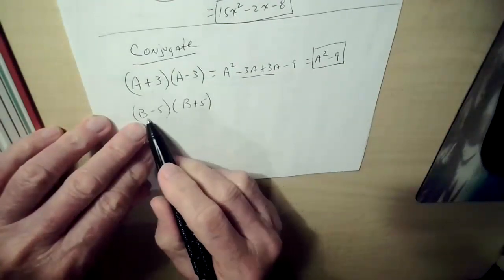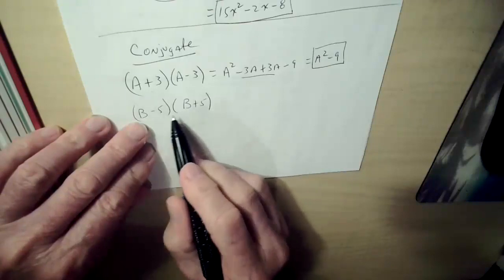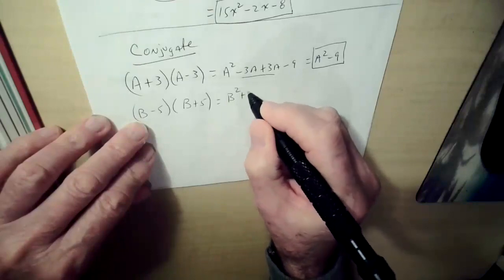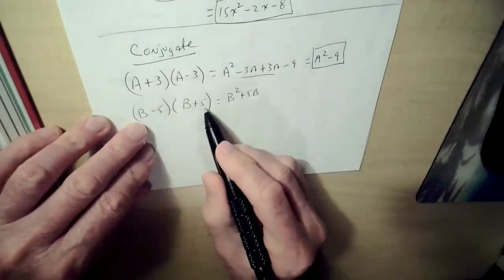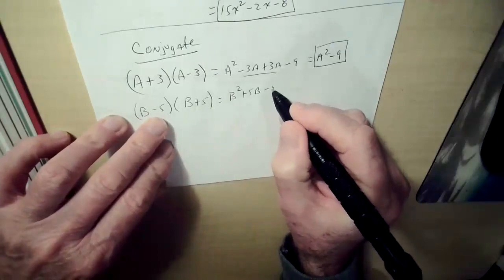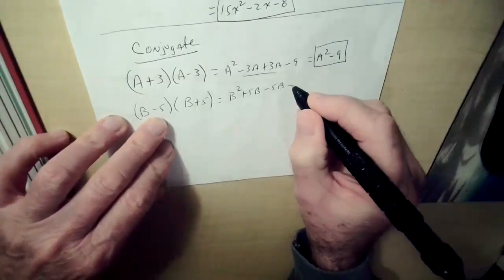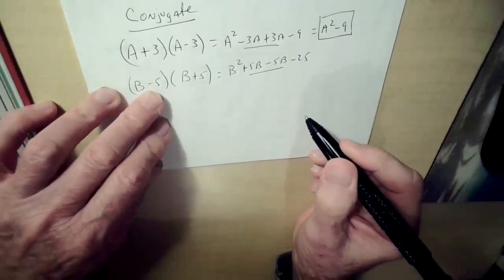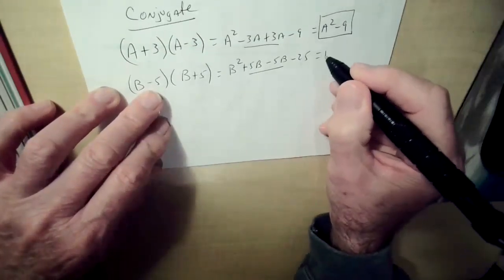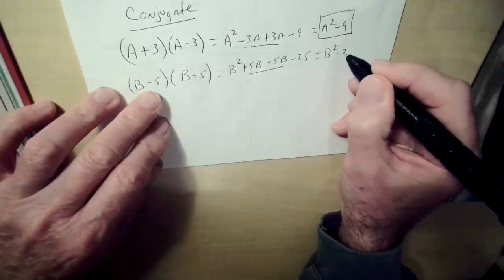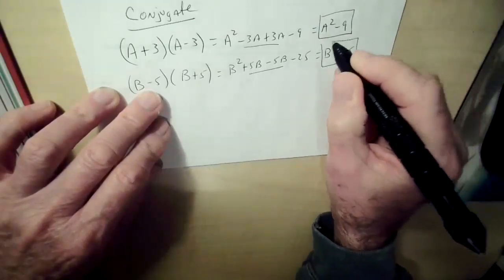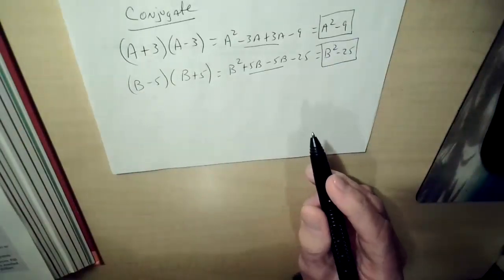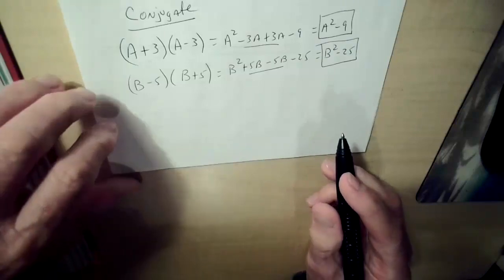Okay, what do we have here? Conjugate, right? Each expression is the same, except the signs are different. This equals b squared plus 5b minus 5b minus 25. Middle two terms are opposites of each other. This equals b squared minus 25. Everybody okay with this?